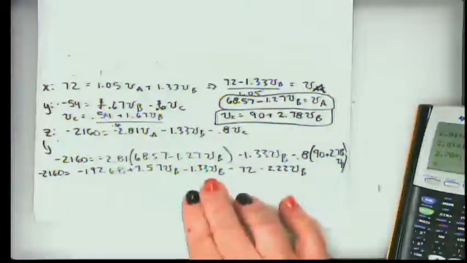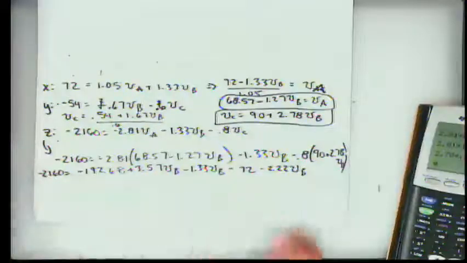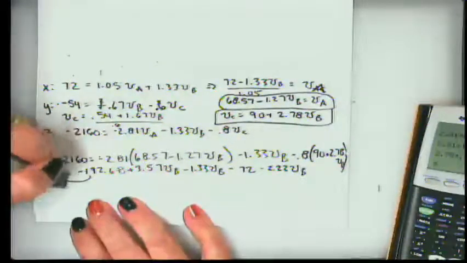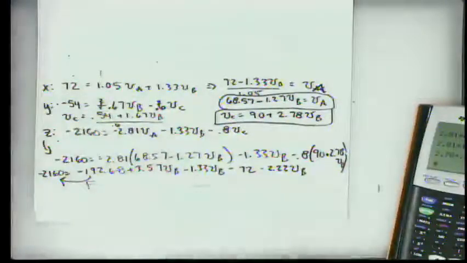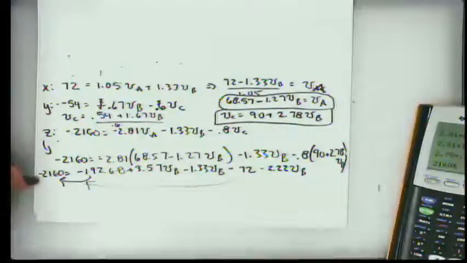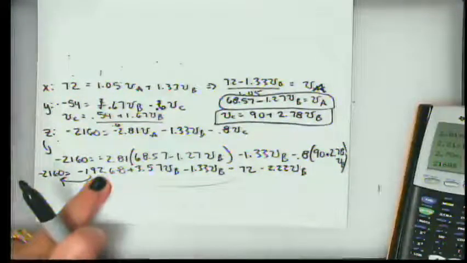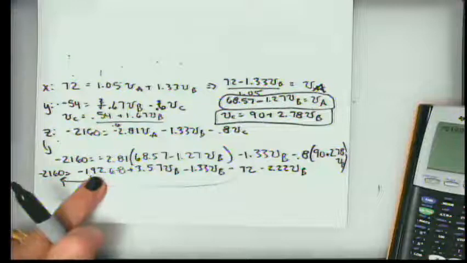All right, then all that's left to remain is to bring my constants to one side of the equation and consolidate my v sub b's. So I get negative 2160. Then I'm going to add to that, let me do this, negative 2160. Then this comes over as a positive, plus 192.68.